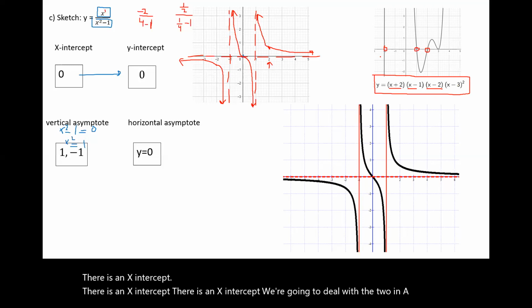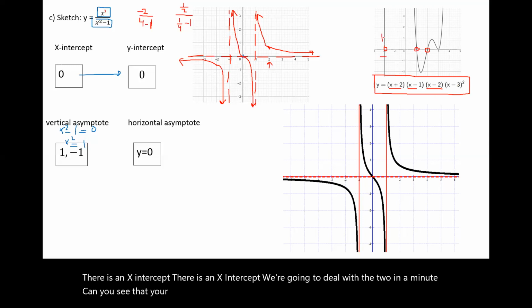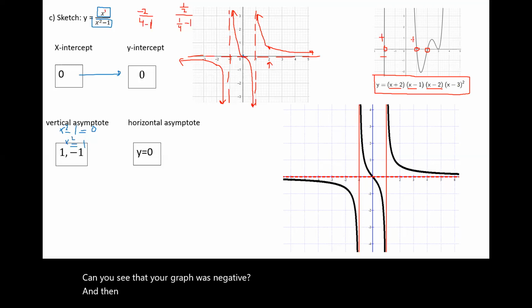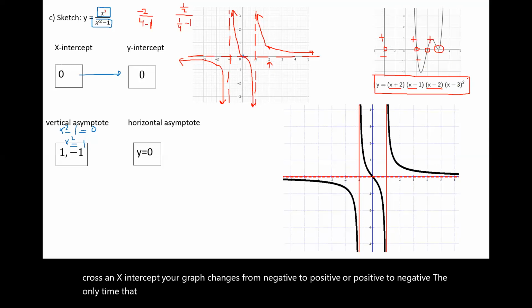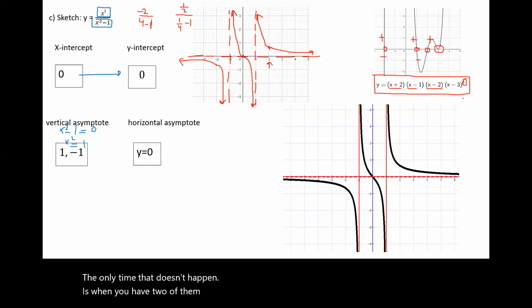Can you see that your graph was negative and then positive, positive and then negative, negative and then positive? So every time you cross an x-intercept, your graph changes from negative to positive or positive to negative. The only time that doesn't happen is when you have 2 of them in the same place, because then you get your bounce.